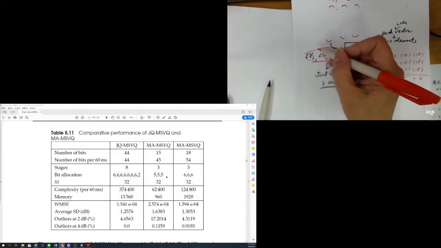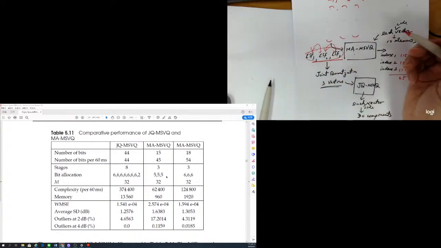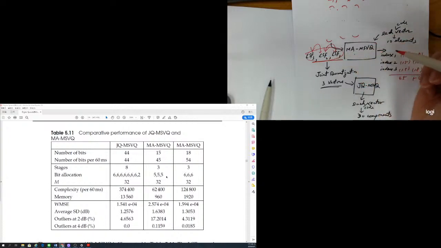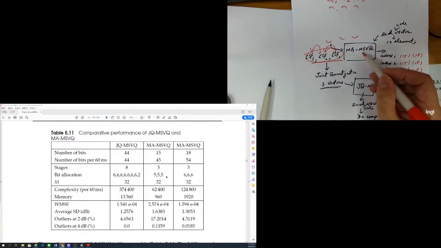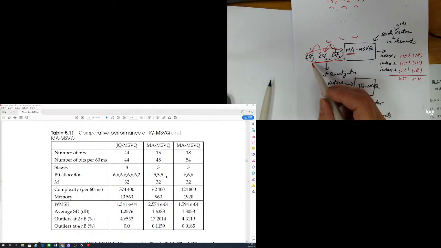During the quantization, they consider some correlation, because neighboring frame correlation is already considered. For multiple stage, they use the moving average, but during quantization, they directly quantize more vectors together. So the intercorrelation is also considered together.